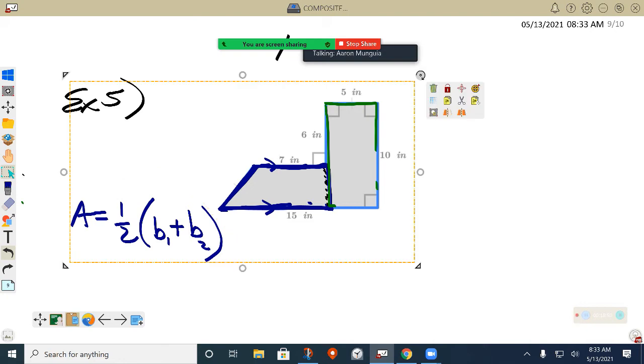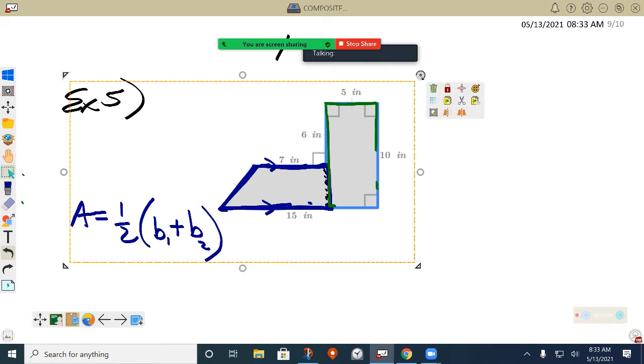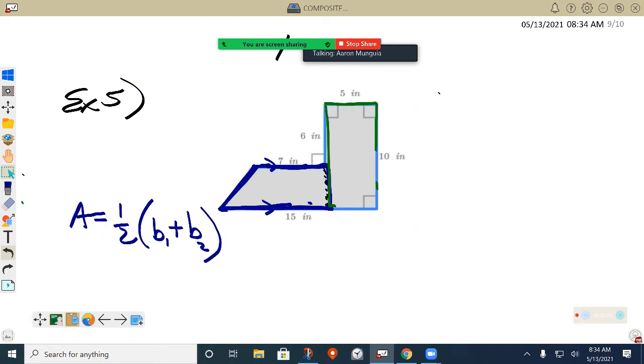Let me move this down here. Really? Both bases times the height. So I already know both bases are going to be the 7 inches and the 15 inches. Actually, you know what? It's not going to be 15 inches, is it? My bad. 15 inches, you guys, is from here all the way over here.